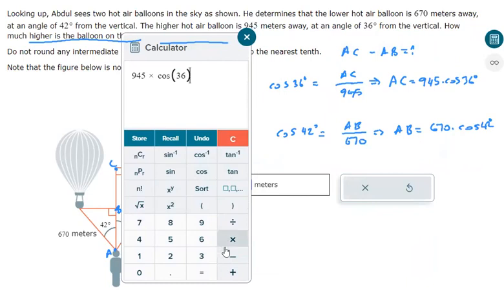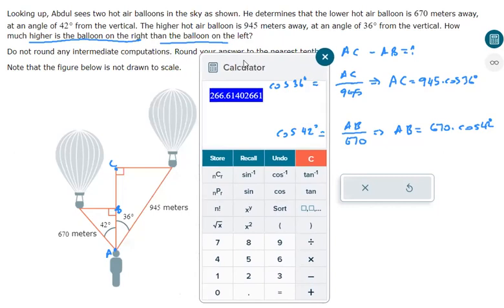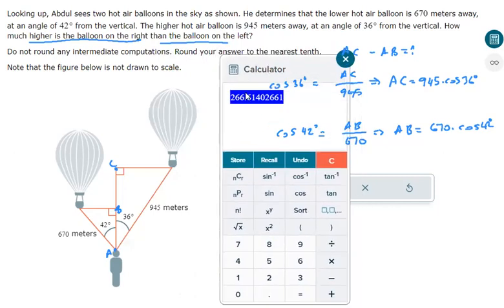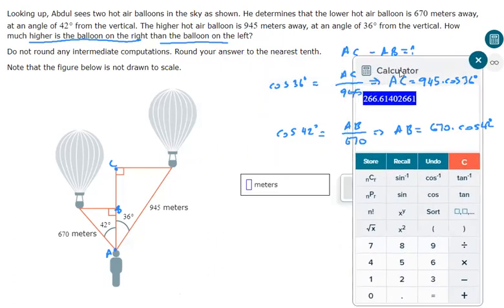Okay, and I can subtract the next one immediately because AC minus AB is what we are looking for, 670 times cosine 42. And that would be my answer. Okay, so this is one thing we can do. We can just round it to the nearest 10, which will be 226.6. So you can leave it that way.